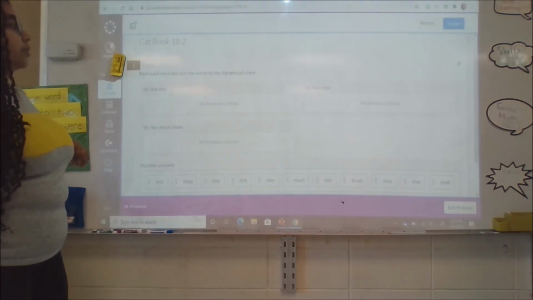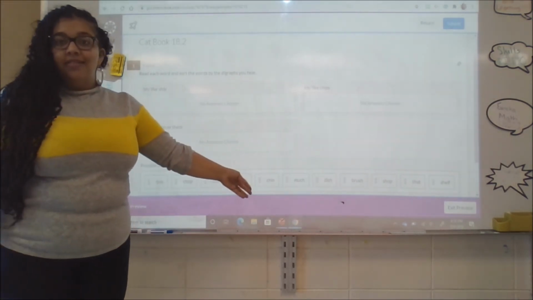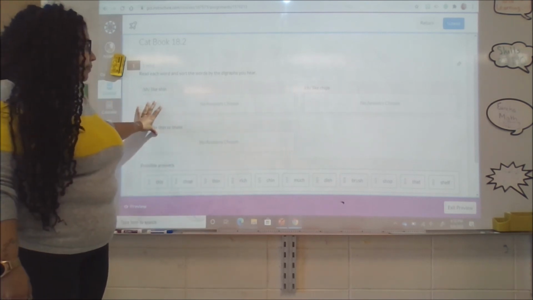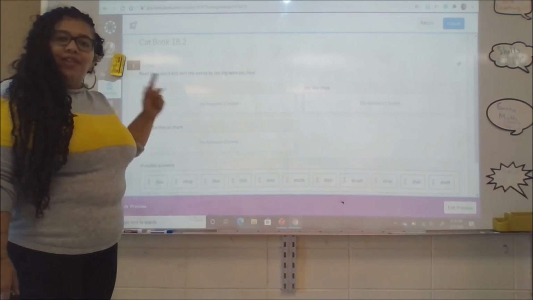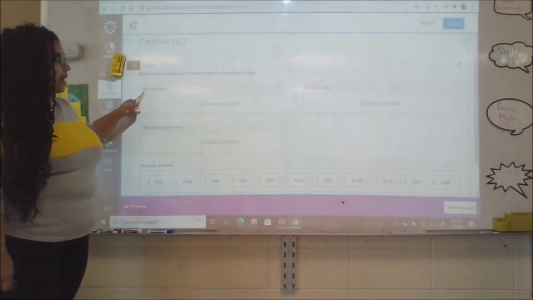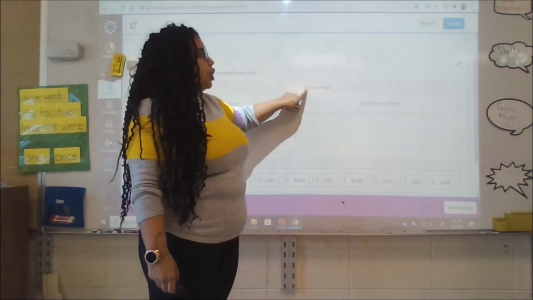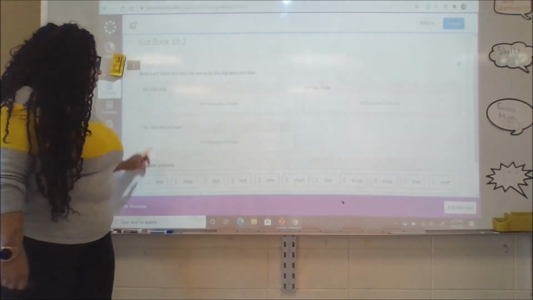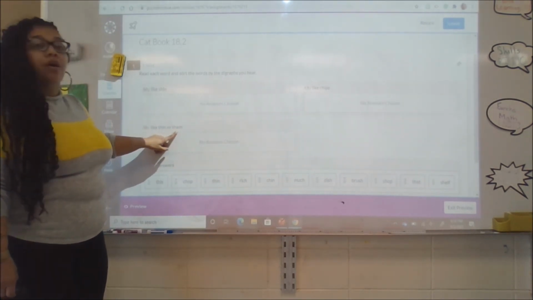What I want you to do is use this information to fill out this chart for the assignment that is in Canvas. So this says sh like shin, ch like chips, th like thin or them.